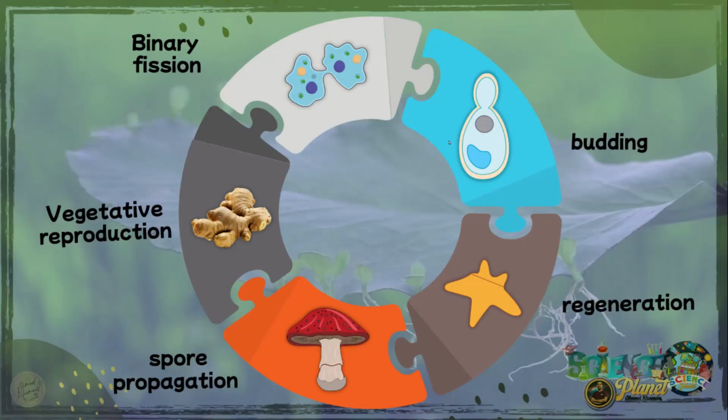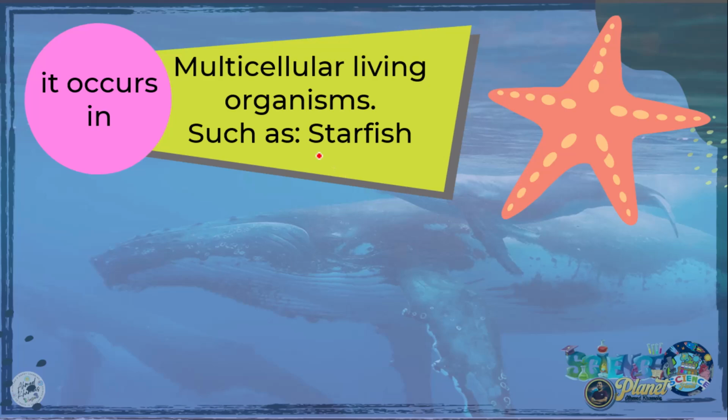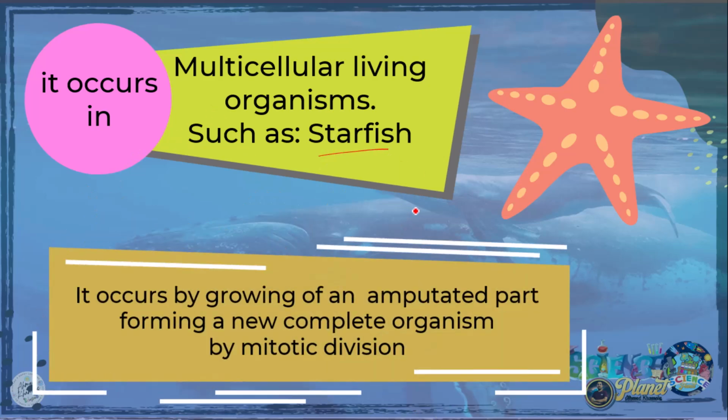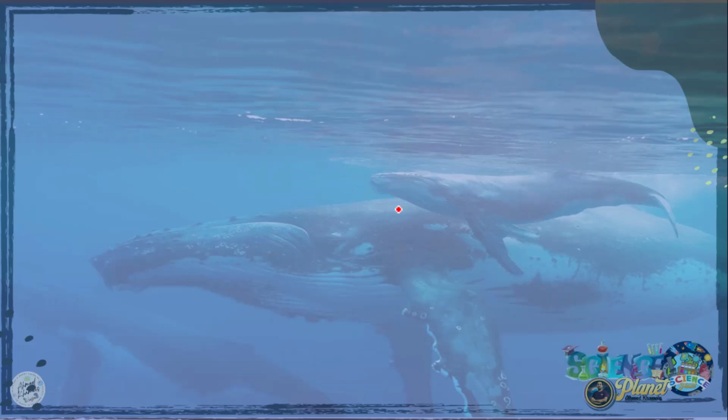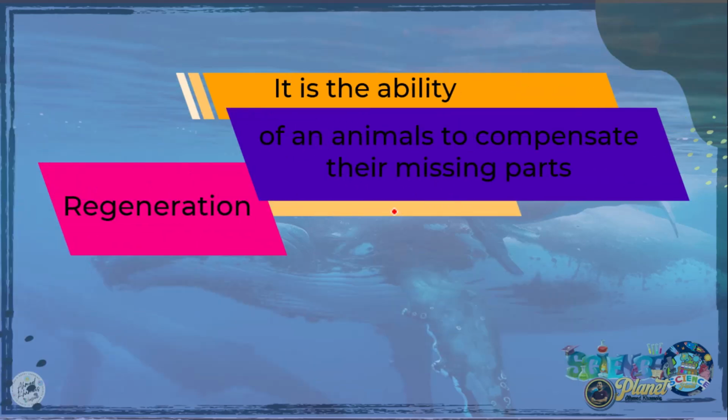The third method is regeneration, and it occurs in multicellular organisms like starfish, and it happens by the growing of an amputated part to form a new complete individual by mitotic division. So regeneration is the ability of an organism to compensate for missing parts.